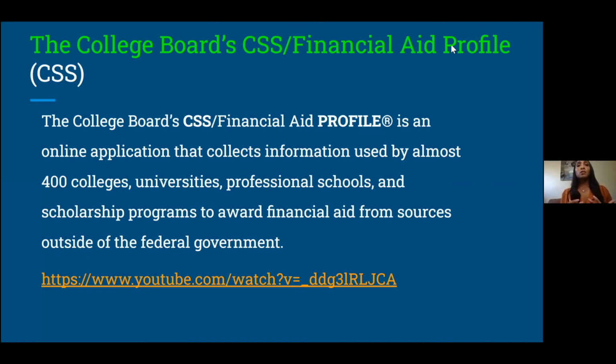They're going to be asking for any equity that your family may have in their home. They are really going to dig into the finances of your household more so than the FAFSA application. I say that to say you want to make sure that you are prepared, okay? And then once again, that you keep records. You keep copies of all of the information that you are sending to the college and university.